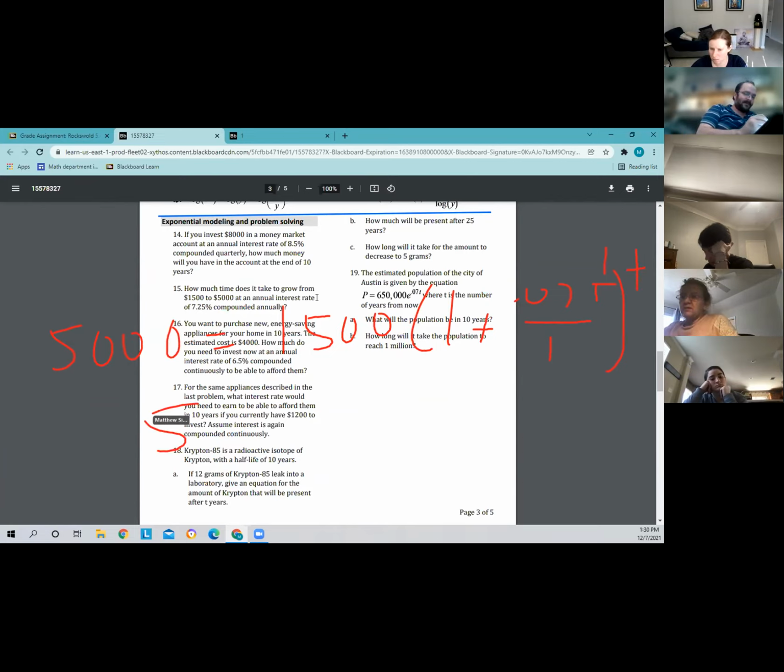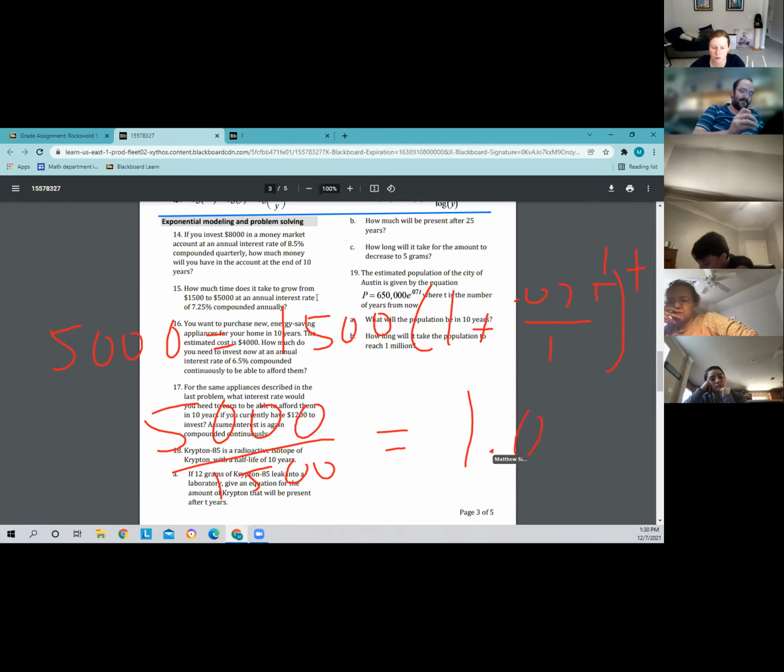And so what we end up having is something with an exponent, basically. We have the variable in our exponent, and we need to get the variable down out of our exponent. So how do we do that? We take a log of both sides. So what I would probably do is take the log base 1.075.